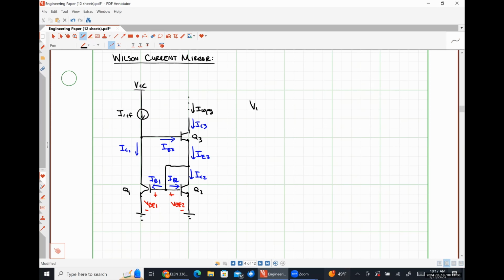Well, VBE1 must be equal to VBE2 because those bases are tied together and both of the emitters are at ground, right? So since VBE1 and VBE2 are the same, that means that IC1 and IC2 should be the same.